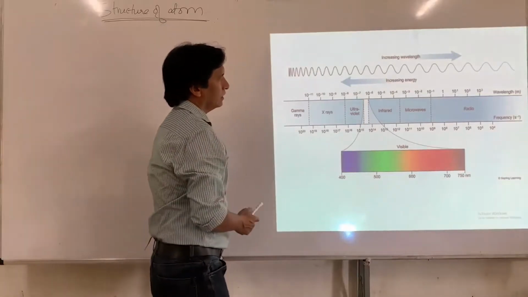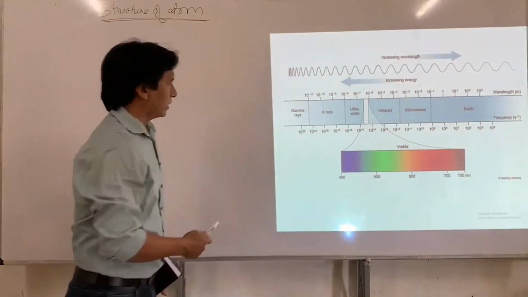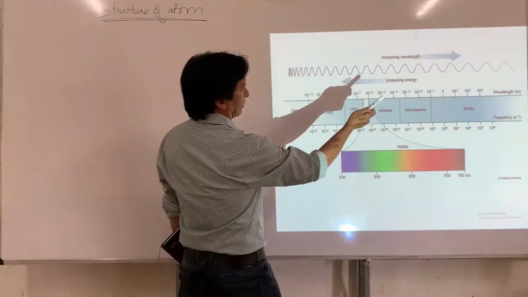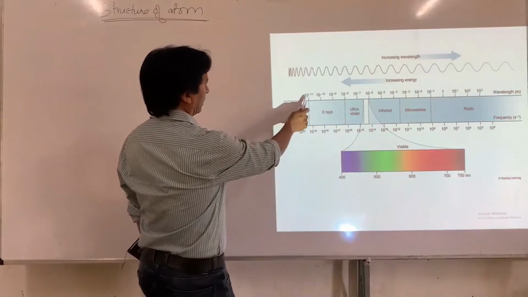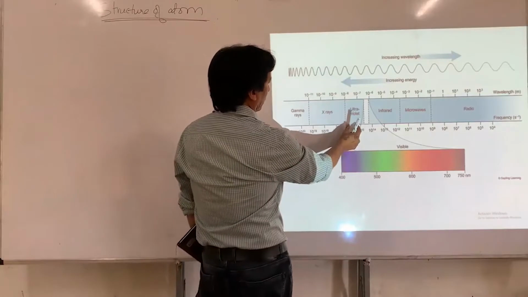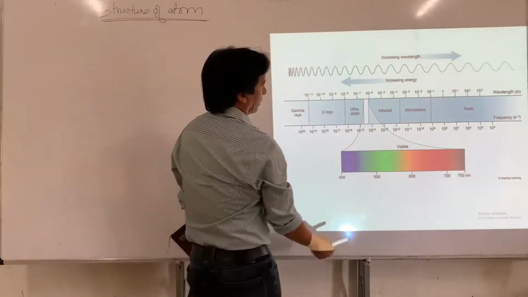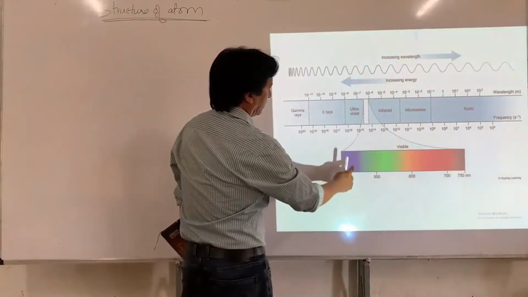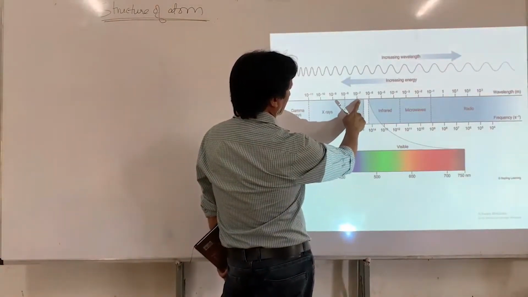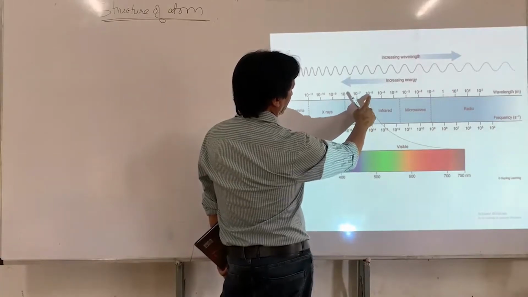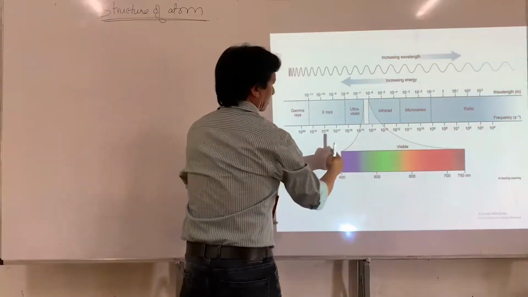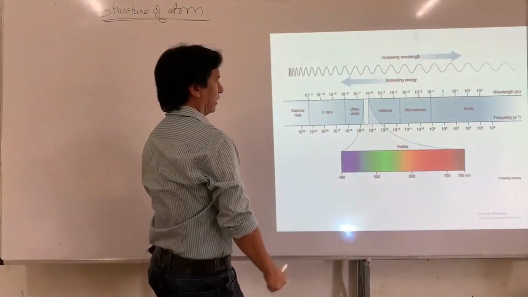That's it. So you can see these different electromagnetic radiations, like gamma rays here, with a wavelength of something like 10^-11 meters. Then you have the X-rays, and the ultraviolet rays coming somewhere here. Then in between 10^-7 and 10^-6 you have the visible light, the visible region of the electromagnetic spectrum.